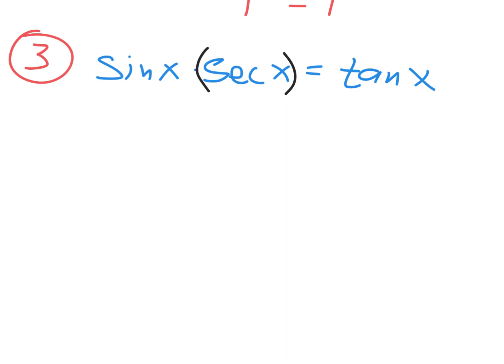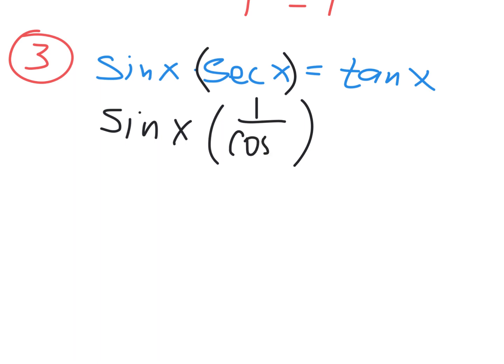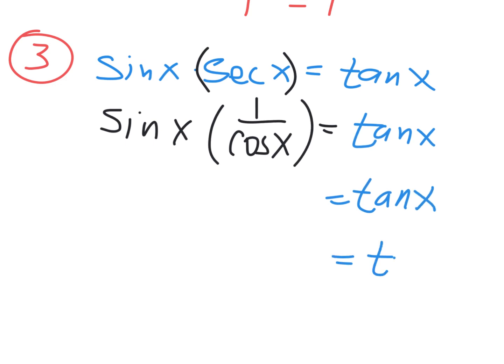So pretty much everything can be changed into sines and cosines. So by now you should have figured out, oh, you should change this into 1 over cosine. And notice I'm just going to write equals tangent until that actually is equal to tangent. I'm just going to leave that right side alone.